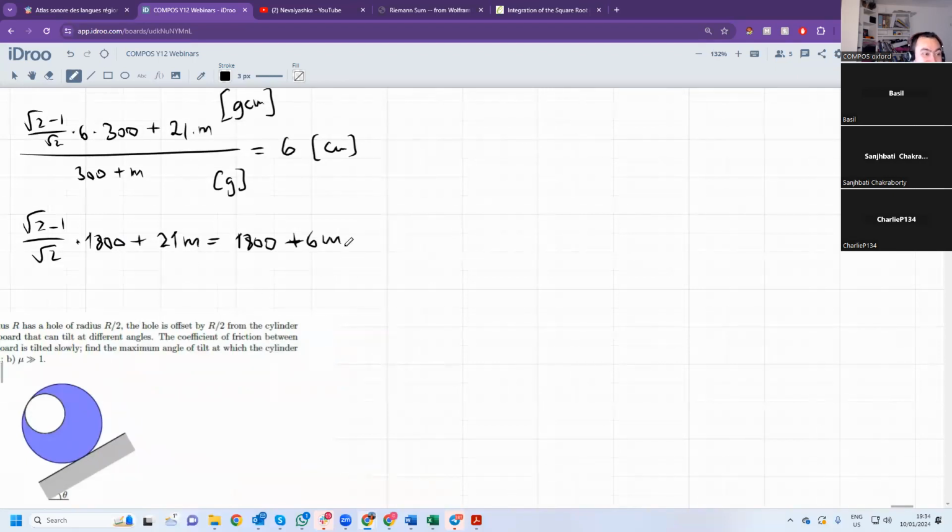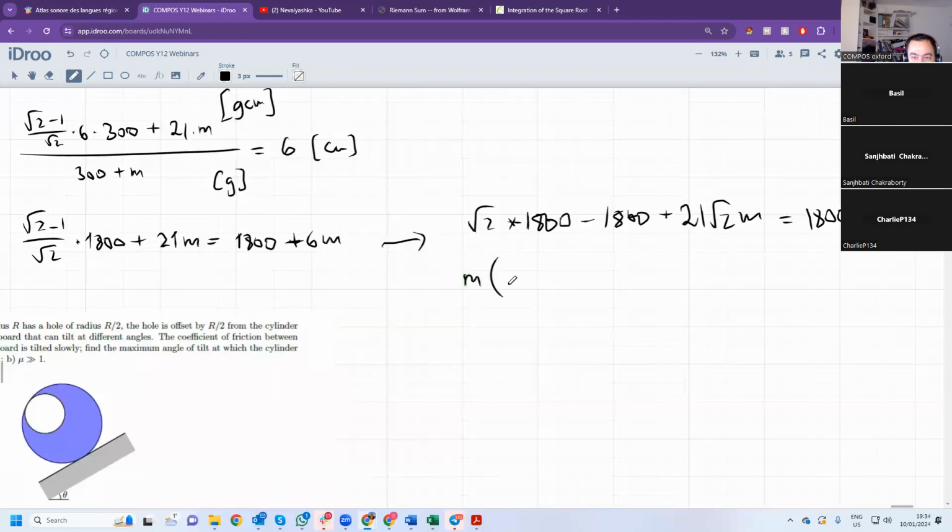What can we do? Multiply by square root of 2. So it becomes square root of 2 minus 1 times 1800, minus 1800 plus 21 square root of 2 m equals 1800 square root of 2 plus 6 square root of 2 m.